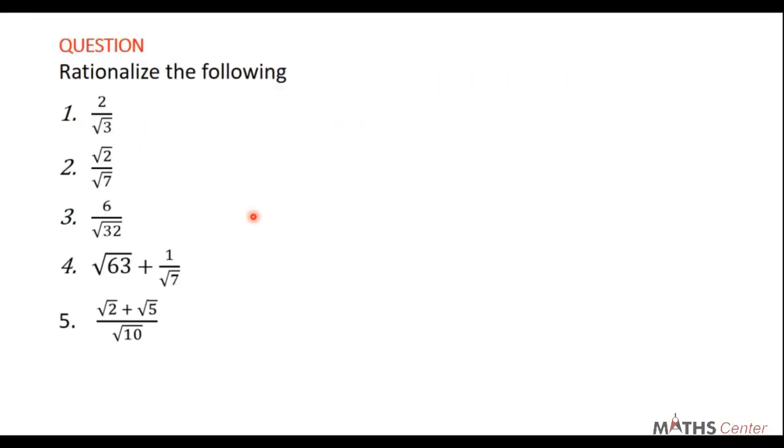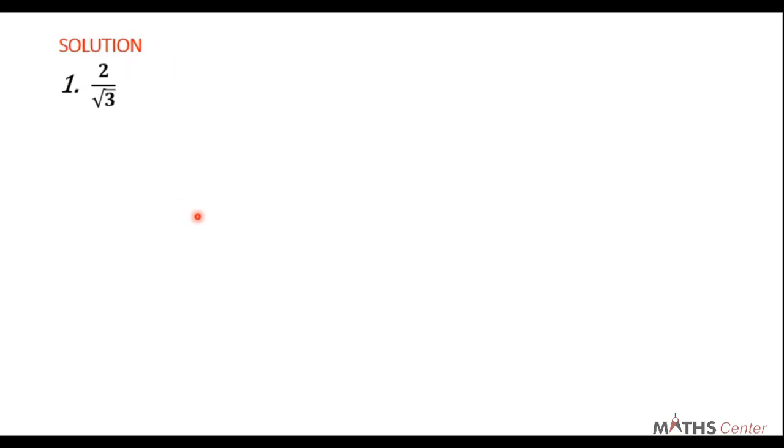Let's pick some real examples and see how this is done. We are being told to rationalize the following, and we have been given question 1 up to question 5. So let's pick them one after the other. The first one, we have 2 over square root of 3. We are being told to rationalize this. So once again, whenever you are told to rationalize a set, multiply the numerator and the denominator by the denominator. The denominator here is square root of 3.